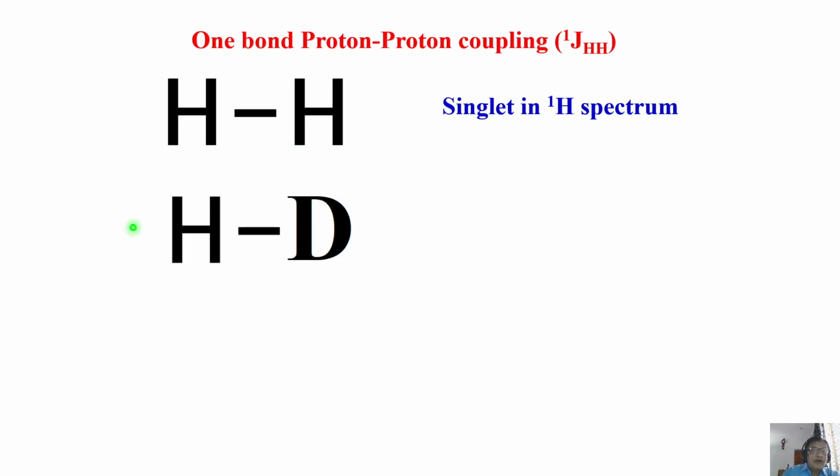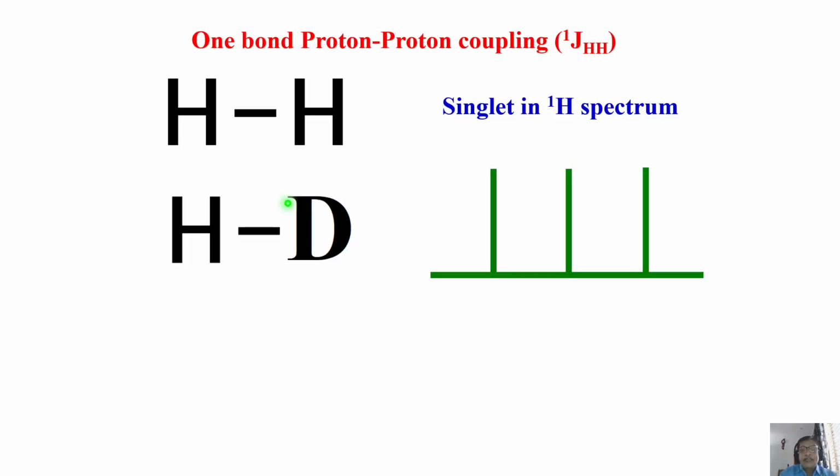Then this proton will be split into 3 states, 3 lines or 3 peaks of equal intensity, 1:1:1, because deuterium, spin 1, has 3 energy states: -1, 0, +1. You understand? As a consequence, we are going to see 3 peaks in the proton spectrum because of HD coupling.